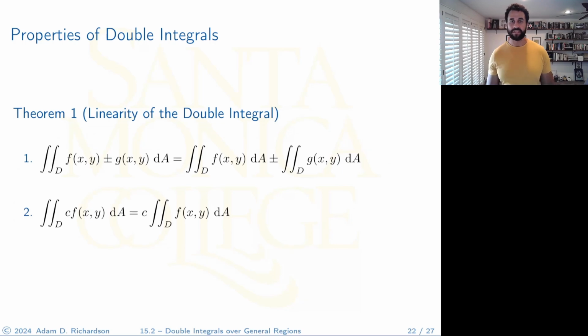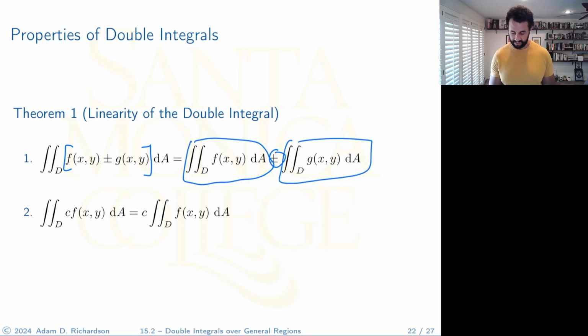Linearity. So this is something that I mentioned in the previous lecture when I was talking about the Riesz-Markov-Kakutani representation theorem and linear functionals, right? So this is linearity of the double integral. In essence, if you want to integrate a sum or a difference of functions, you can treat it as a sum or difference of separate integrals, which is super nice.